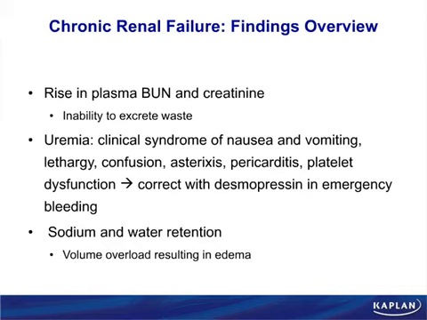They may develop pericarditis, and they may get platelet dysfunction. And due to the platelet dysfunction, they may have bleeding. So if patients come in with emergent bleeding, we can treat them with desmopressin. Desmopressin will lead to an increase in release of von Willebrand factor from endothelial cells, and that will increase platelet aggregation, and that will stop the bleeding in patients with platelet dysfunction. So that's an important fact to know.